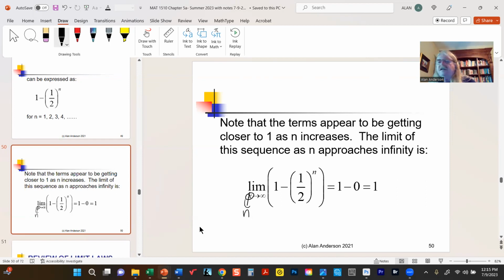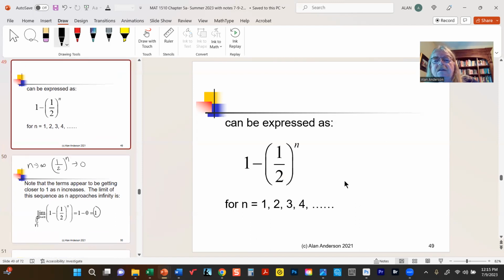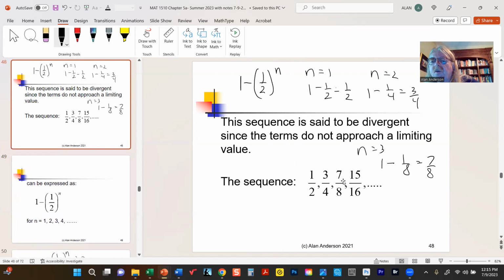But the idea here is that when n goes to infinity, this goes to zero, because n keeps getting larger and larger. As n gets larger, a fraction like that will continue to get smaller. So this is equal to 1 minus 0, or just 1. And so, to nobody's surprise, this sequence is converging to 1.